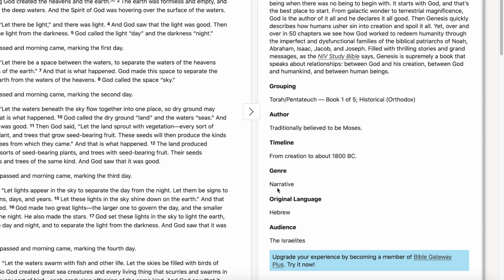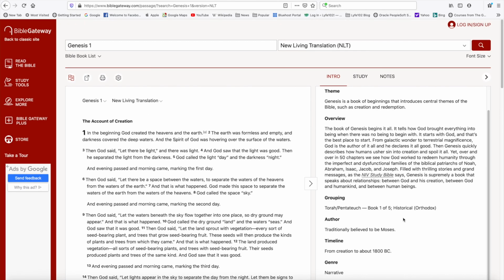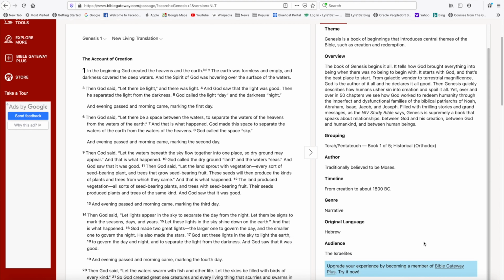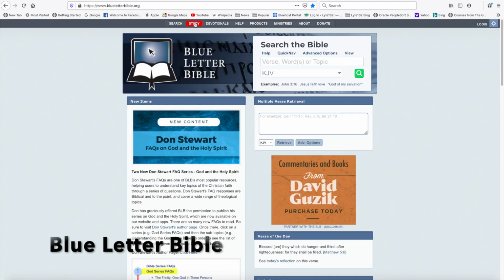The genre is narrative. And then you have the original language. The book of Genesis was written in Hebrew. And the audience Genesis is written to is the Israelites. That gives you an overview of the book of Genesis to answer the who, whom, when, and what.